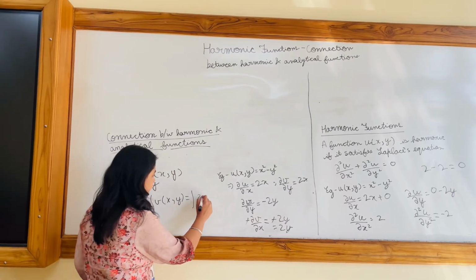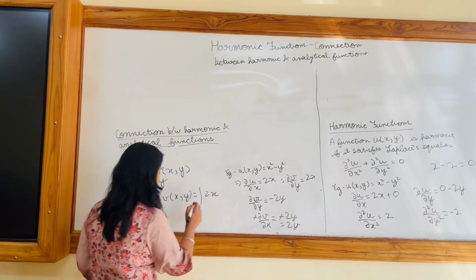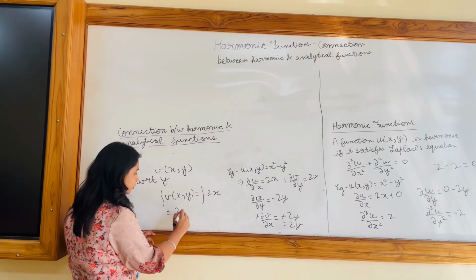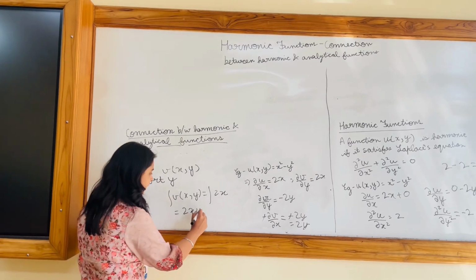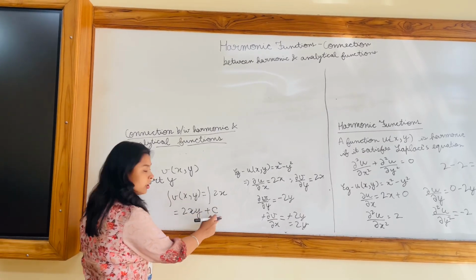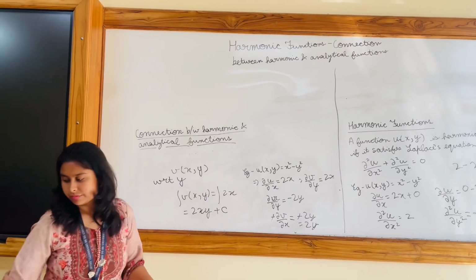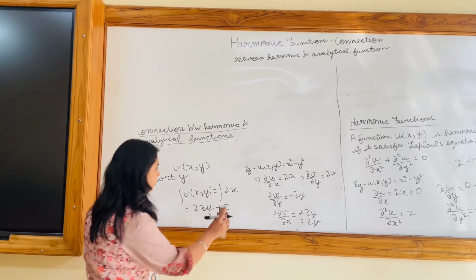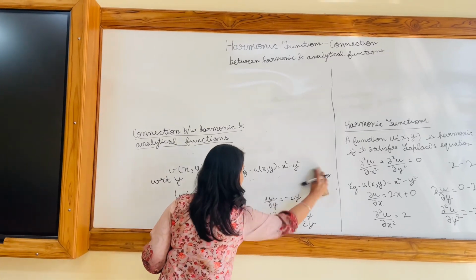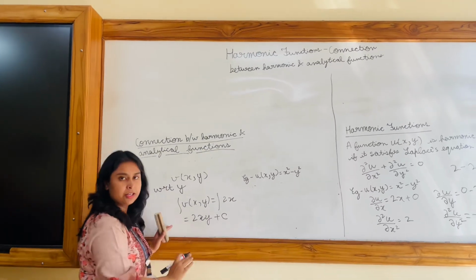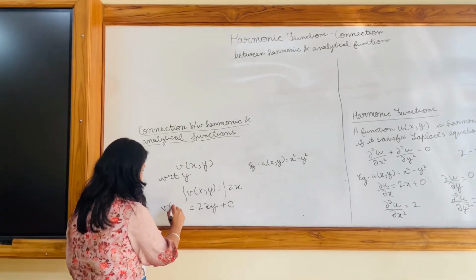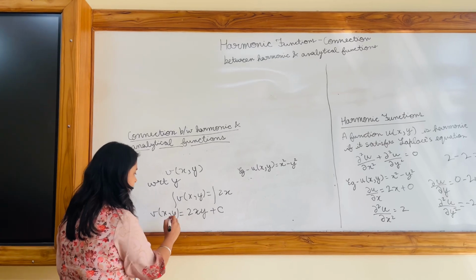So the integration of 2x with respect to y will basically be 2xy plus c. A constant is added over here. So this is the value of v(x, y) that we got.